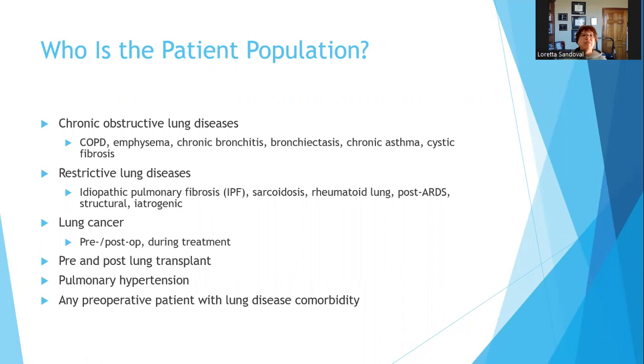People with restrictive lung diseases like idiopathic pulmonary fibrosis, sarcoidosis, rheumatoid lung, post-acute respiratory distress syndrome, people who have structural or iatrogenic restrictive lung issues. Restrictive lung diseases also include things like inhaled pneumococ... I can't say that word. I'll say it later.